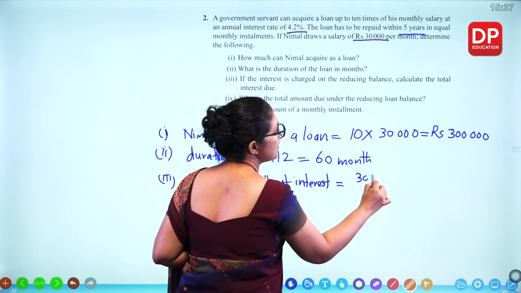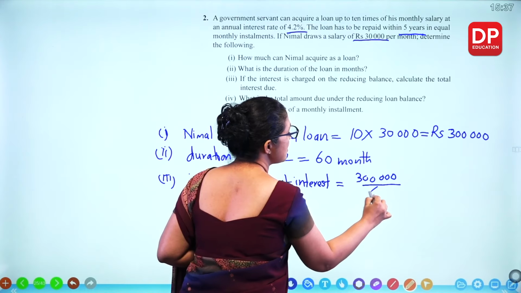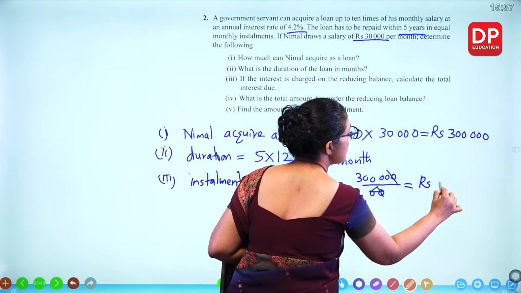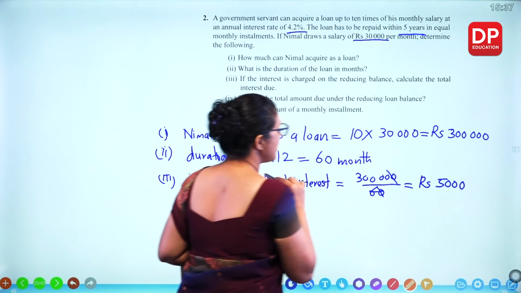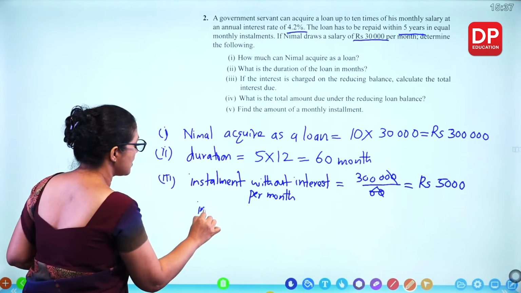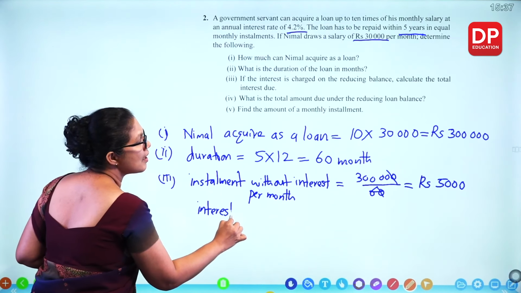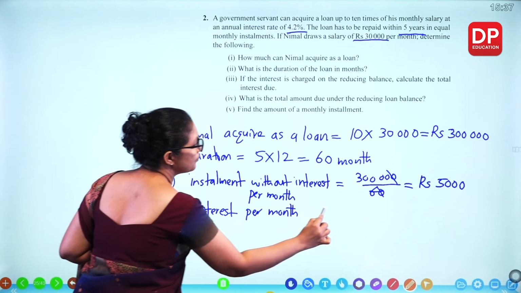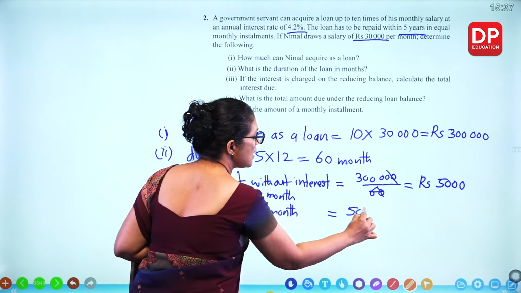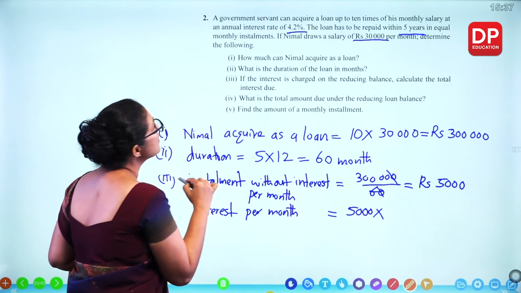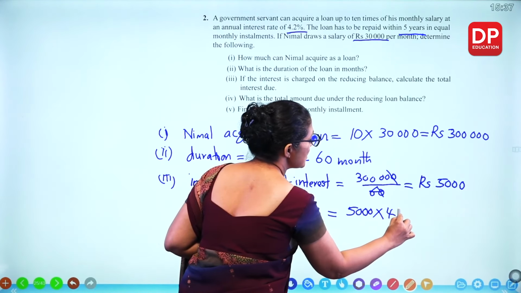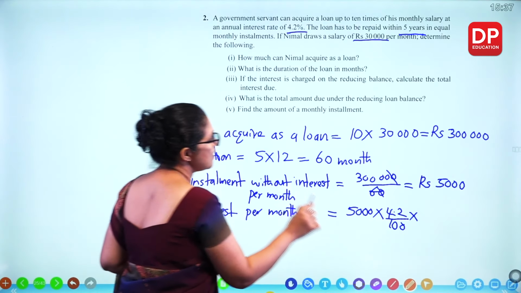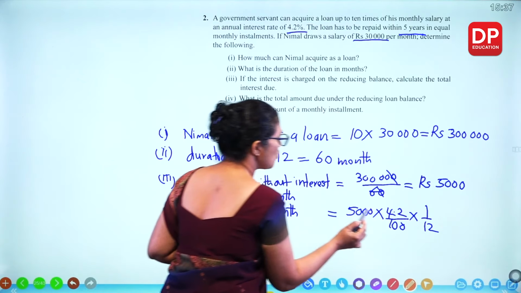So we have to pay the 300,000 for 60 months. You get 5,000 rupees. Now what's the interest per month? 5,000 with what's the interest rate? 4.2%, and this annual interest rate is given, so you have to divide by 12.